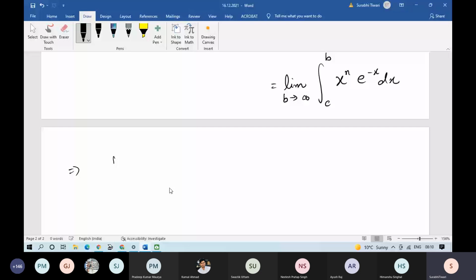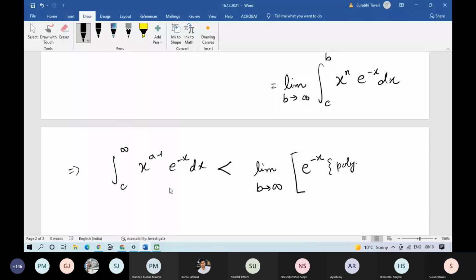Again, the integral from c to infinity of x to the power of alpha minus 1 e raised to the power of minus x dx is less than what we are writing. This is equal to the limit as b tends to infinity. Now, what do we get? After we integrate, we get e raised to the power of minus x into some polynomial of degree n in x.